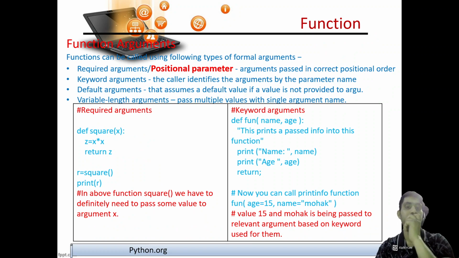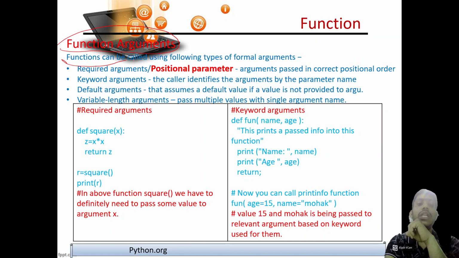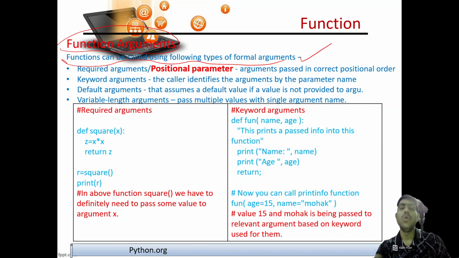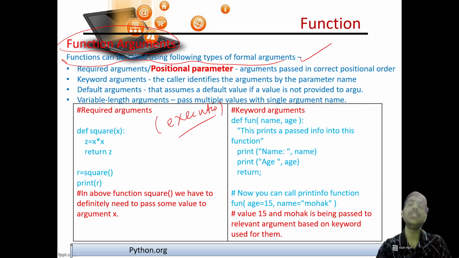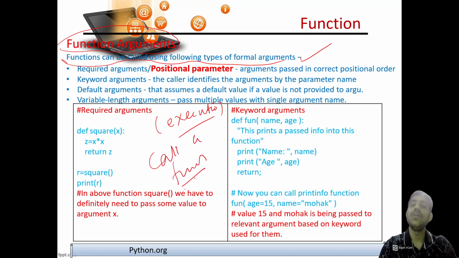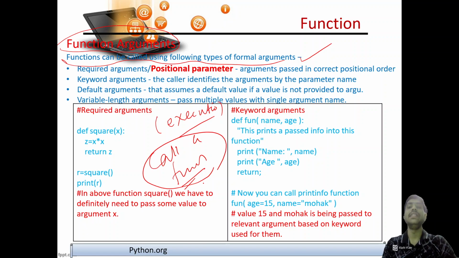So next, function arguments. Function can be called using the following types of formal arguments. So when anyone asks you the question, when will the function start execution, you write 5 or 6 functions. When will that function execute? When you call a function, at that particular moment the function is going to execute.